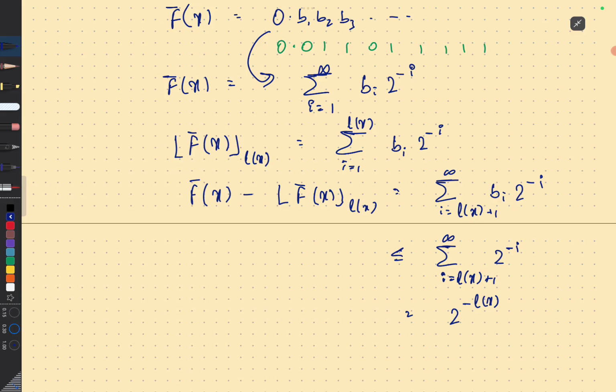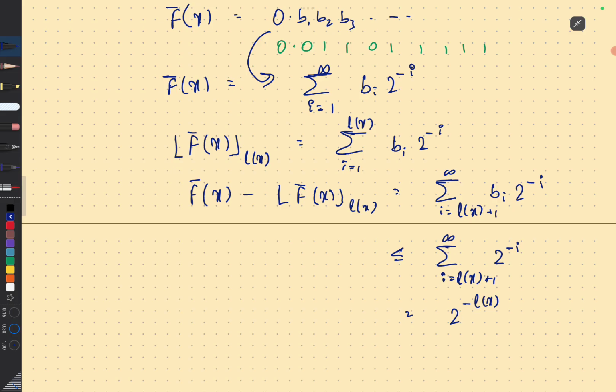If x prime is greater than x, then f bar of x prime is going to be greater than f bar of x, just by our construction, because it's the modified CDF. So let's take x prime to be equal to x plus 1, and let us look at this difference.